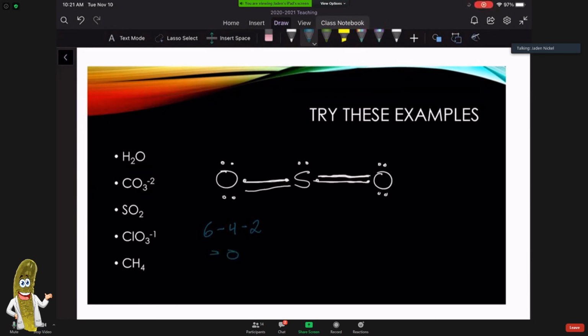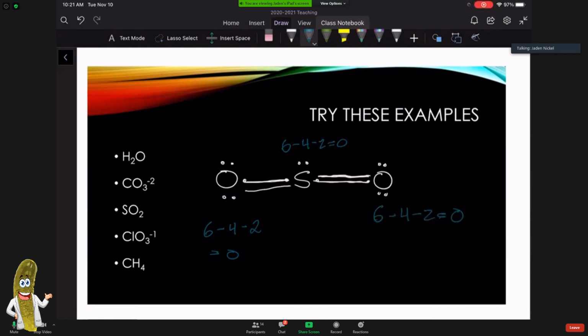Sid, are you asking about the sulfur, where it was like 6 minus 4 minus 2 like this? Did I write minus 1? Okay, so that was a mistake then. I was trying to think of the next 7 words I would say, and that was a mistake that I made. Yeah.